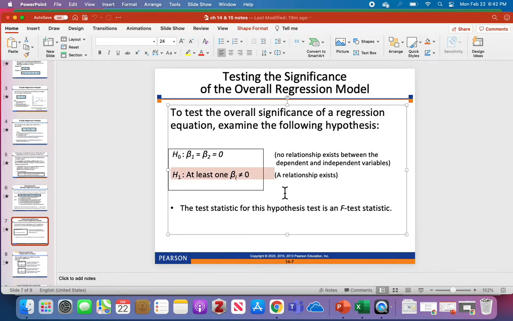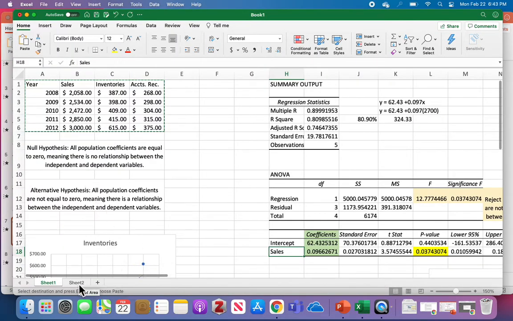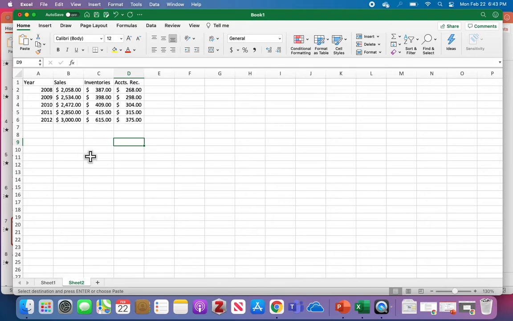Our alternative is that at least one of those betas, at least one of those correlation coefficients does not equal 0, which means there is some form of a relationship that exists. And this is going to be tested with that F statistic, just like in the previous video with the simple linear regression. So let's try it here.